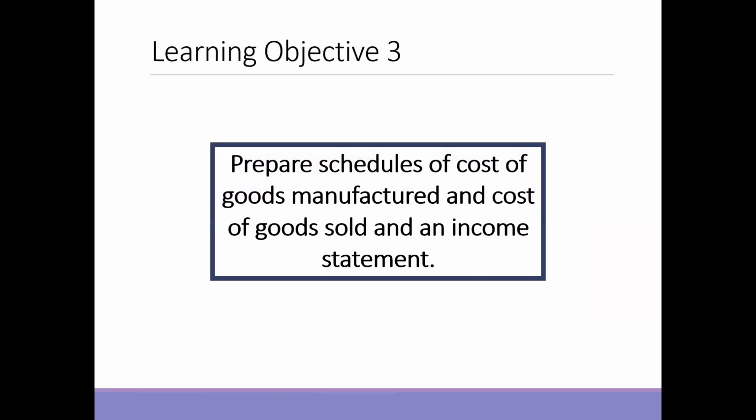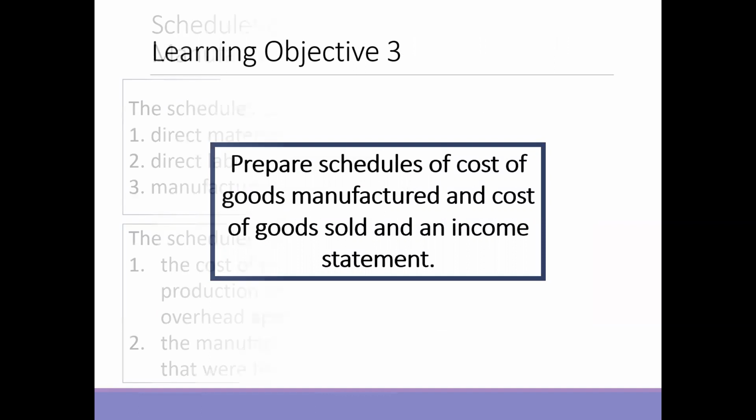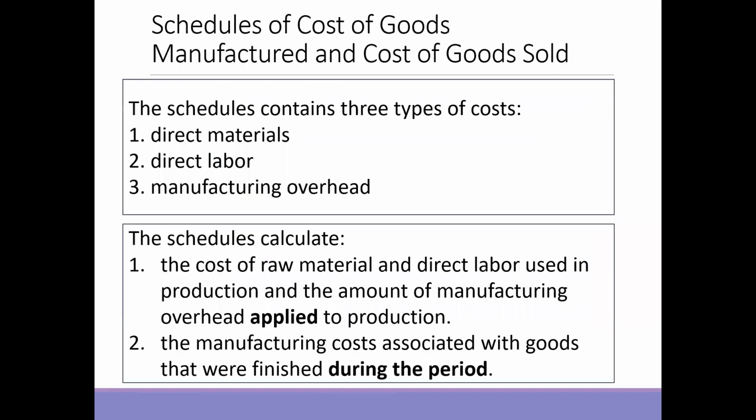Now, we've been working on the journal entries. Now we're going to prepare two financial statements, cost of goods manufactured, and then the income statement. So this cost of goods manufactured and cost of goods sold contains our direct materials, our direct labor, and our manufacturing overhead.